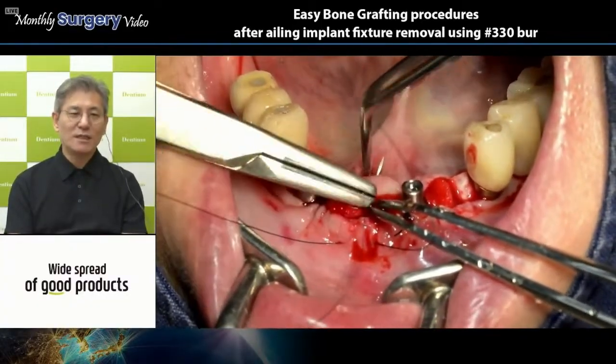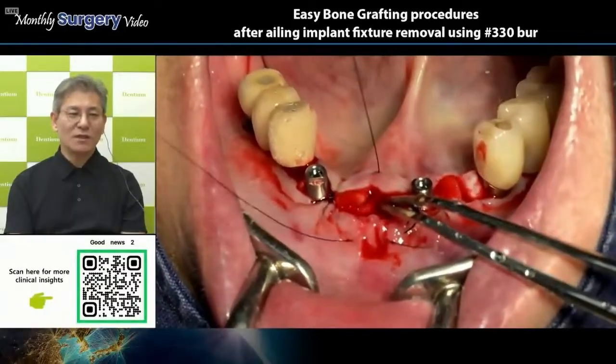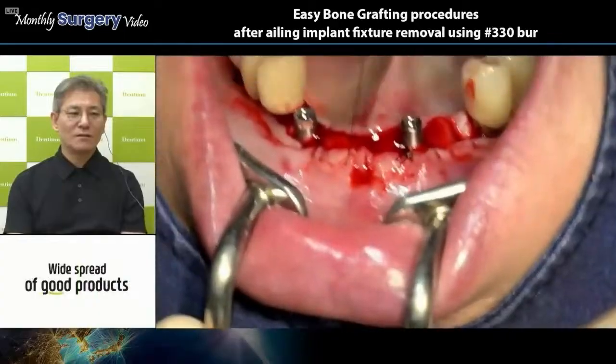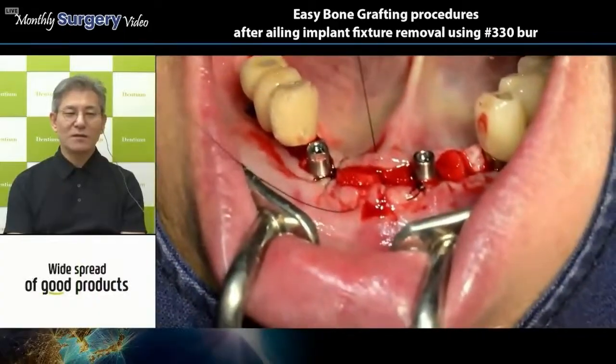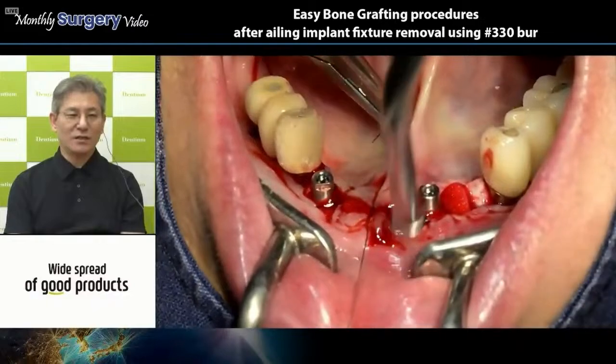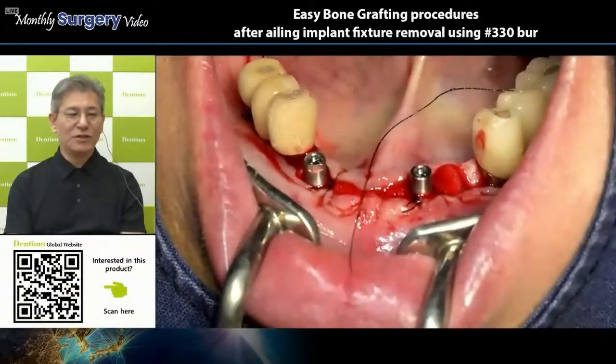However, once more, this collagen graft works as a barrier. So this collagen graft promotes faster soft tissue healing based on vascular-driven epithelialization.